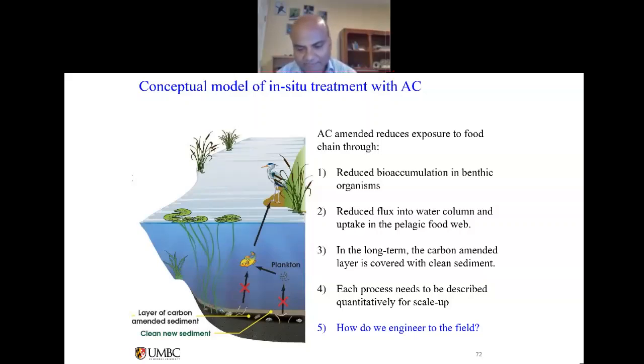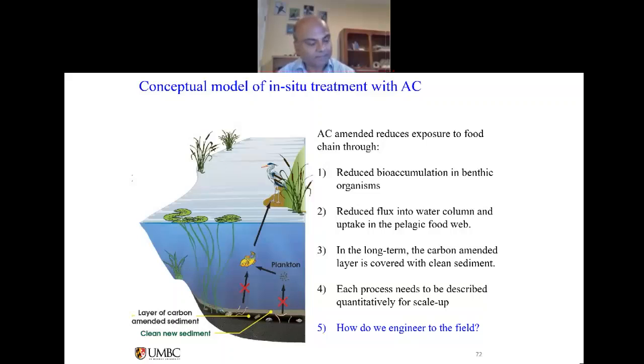And also the other pathway of exposure that happens for fish in the water column is through diffusive exchange of the PCBs from the contaminated sediments into the water, uptake into the phytoplankton and the pelagic food web. And we can interrupt both of them by bringing in this additional material that enhances the geochemistry in the right direction, which is making the sediments more adsorptive for those chemicals, so less goes up into the food web. So the question is, how do we engineer this in the field?